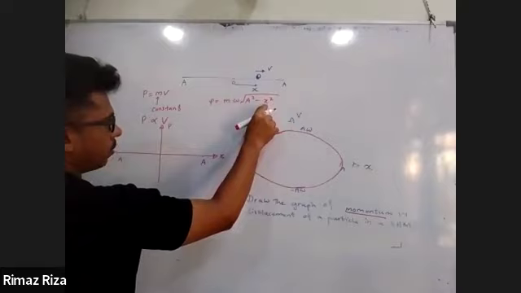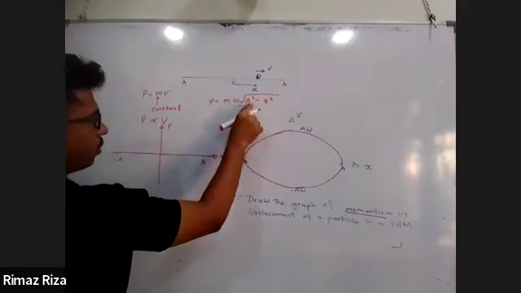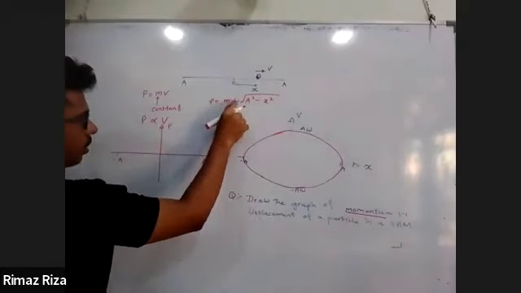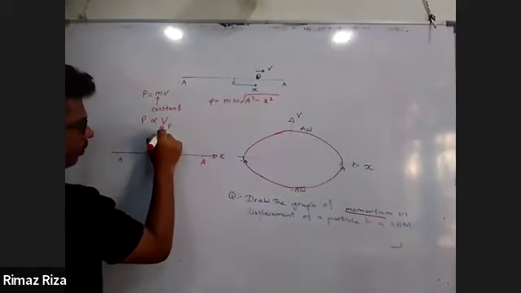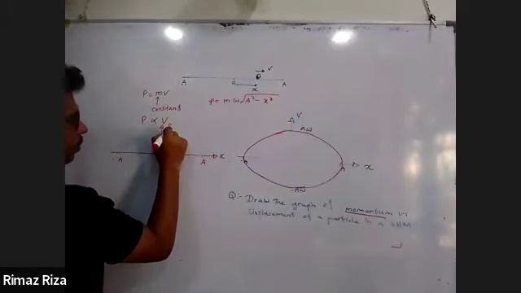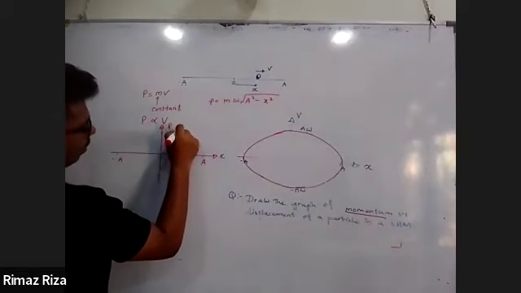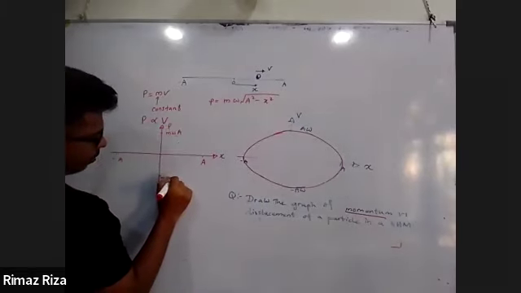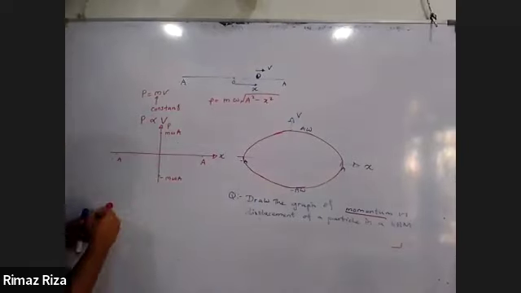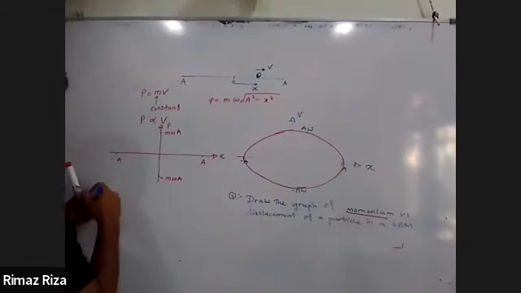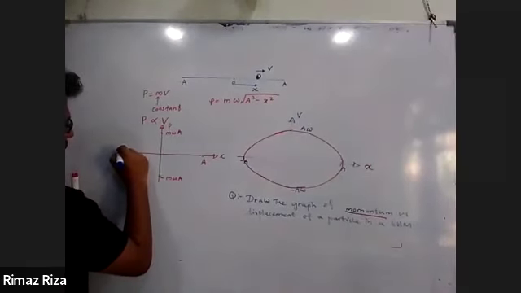Here you put x equals 0, then you get P equals plus or minus m omega a. So m omega a and minus m omega a. So we have the graph.